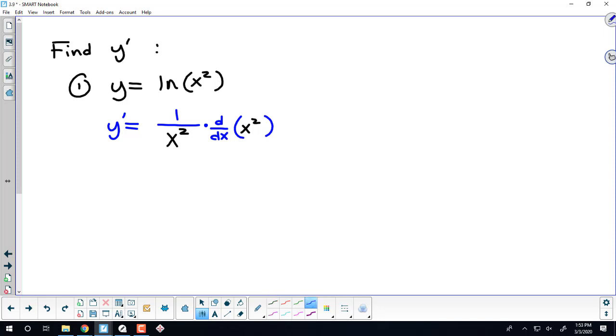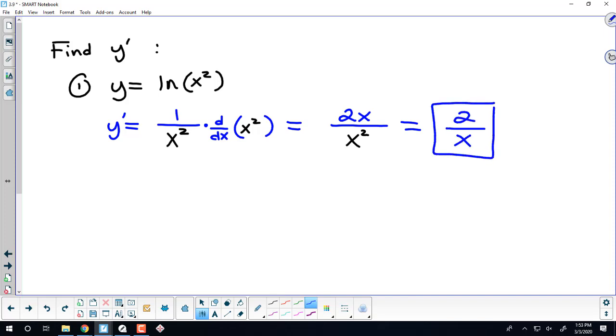So we have derivative of x squared is 2x over the x squared. We simplify that as just 2 over x. That's the derivative of natural log of x squared. So natural log is the function. You take 1 over the argument, then you multiply it by the derivative of the argument.